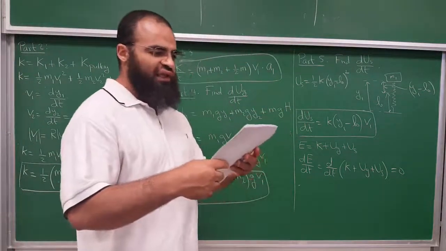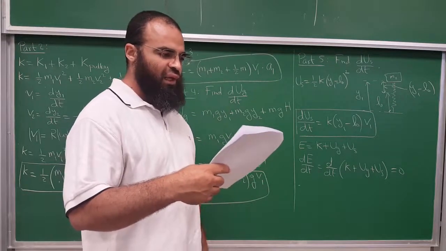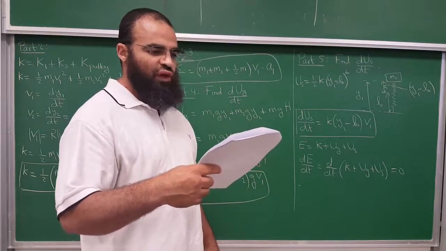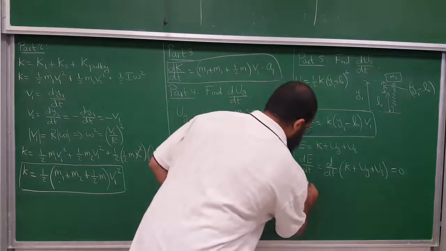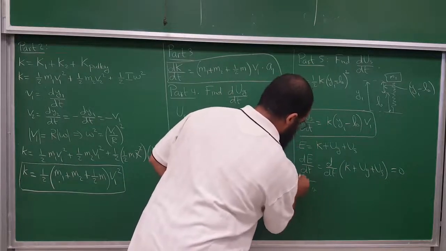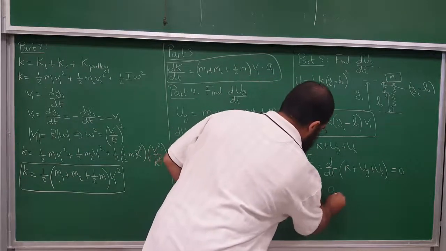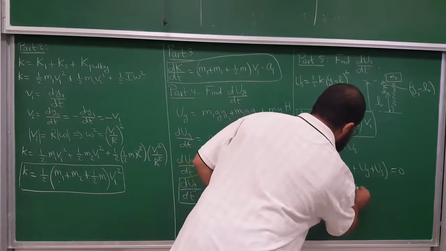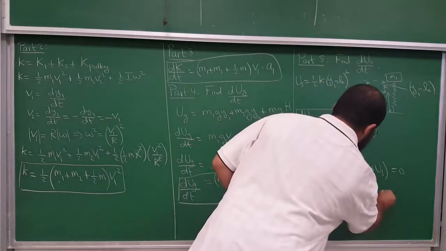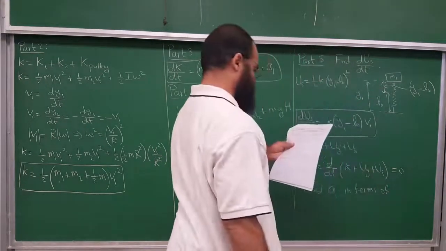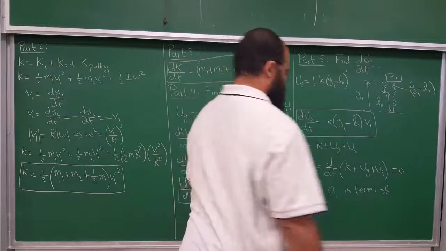And they say find an expression as a function of y1 for the acceleration. So use this to find a1 in terms of y1 minus L0.